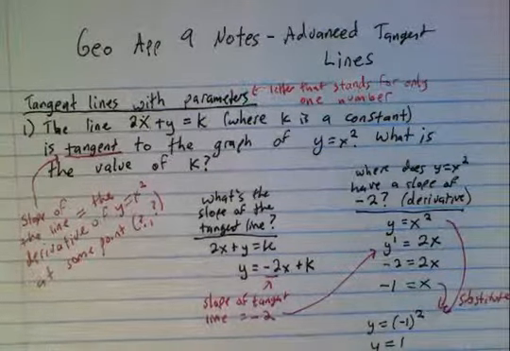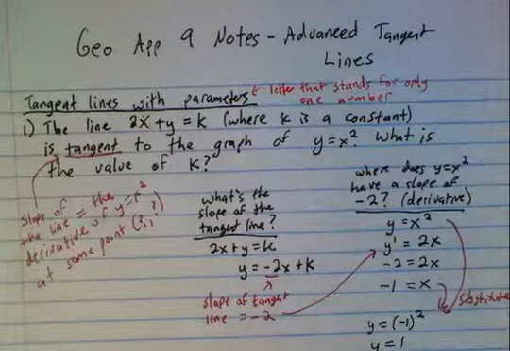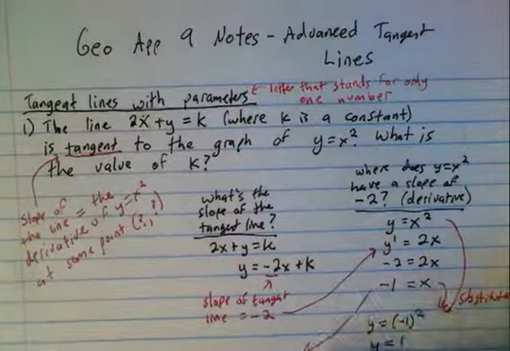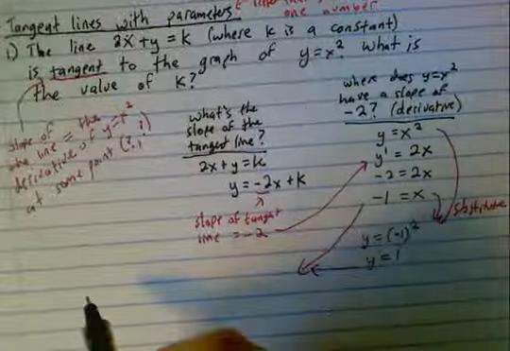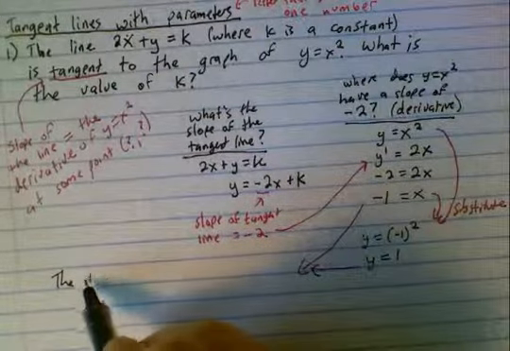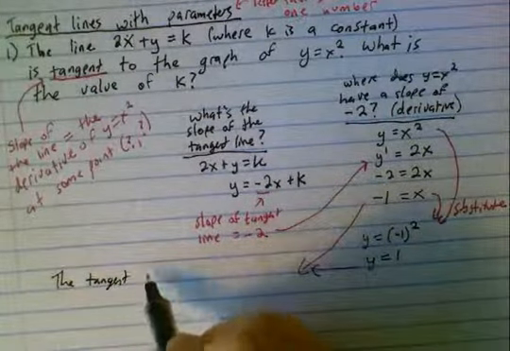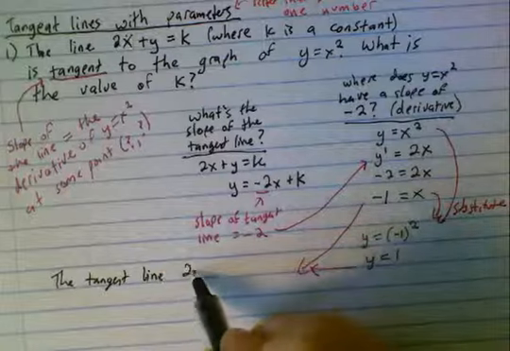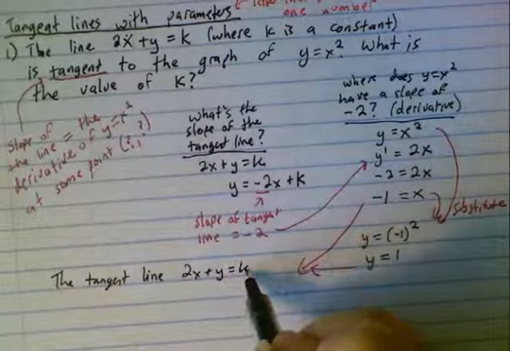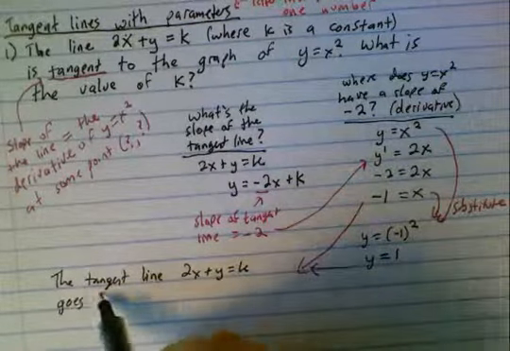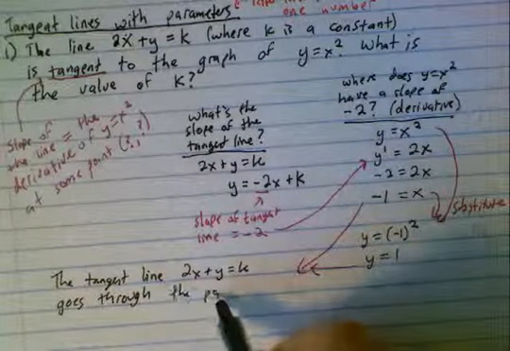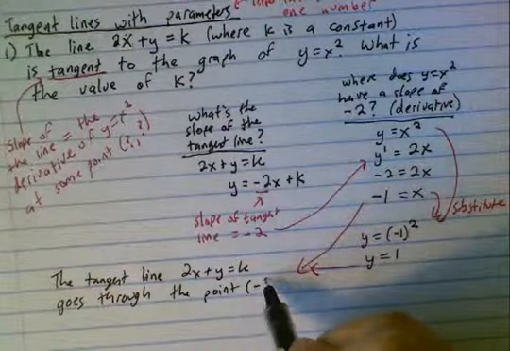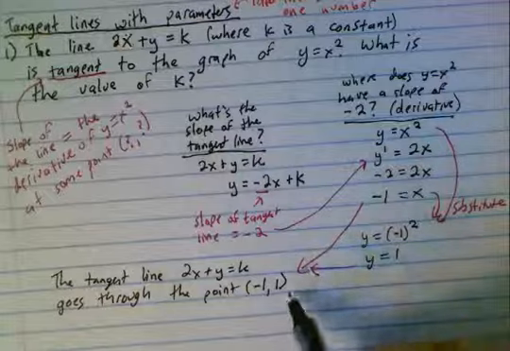So that means that the tangent line, 2x plus y equals k, goes through the point negative 1, comma 1.